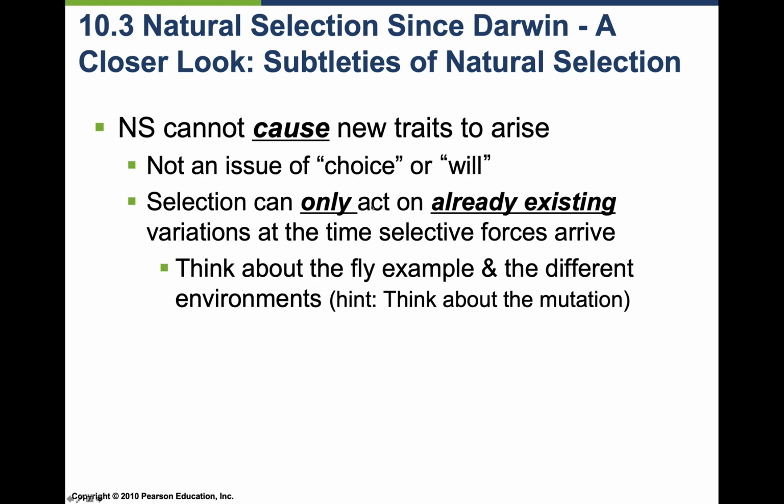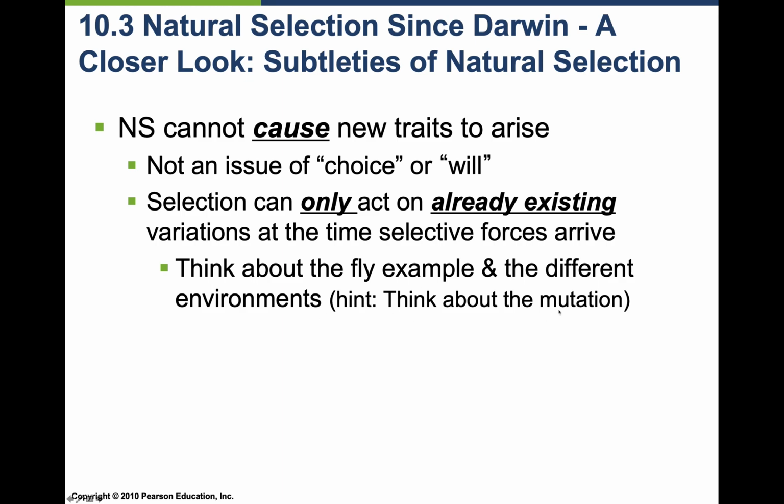And so selection can only act on already existing variation at the time the selective force arrives, right? So just like our previous example with the fly, that mutation to metabolize alcohol at a high level already had to be present when the environment with a high alcohol content was brought forward, okay?